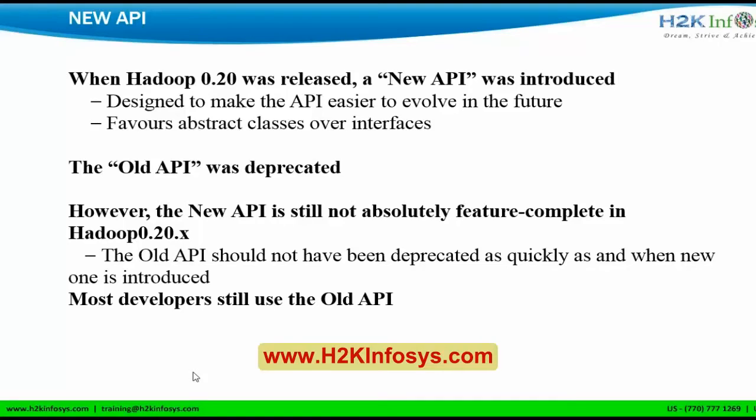Okay, the old API should not have been deprecated as quickly as the new one was introduced. You can take this as a generic point: if any new version or new thing comes into the picture, don't just jump into it and start using it.